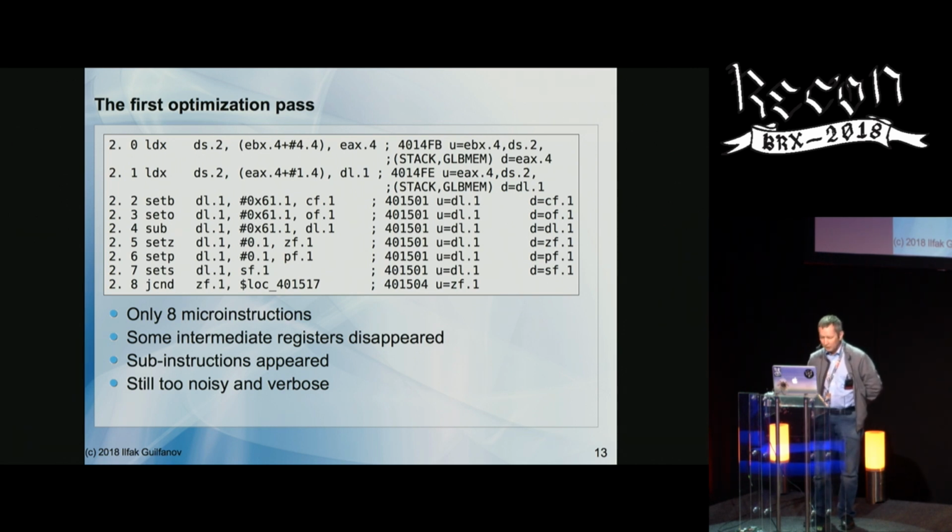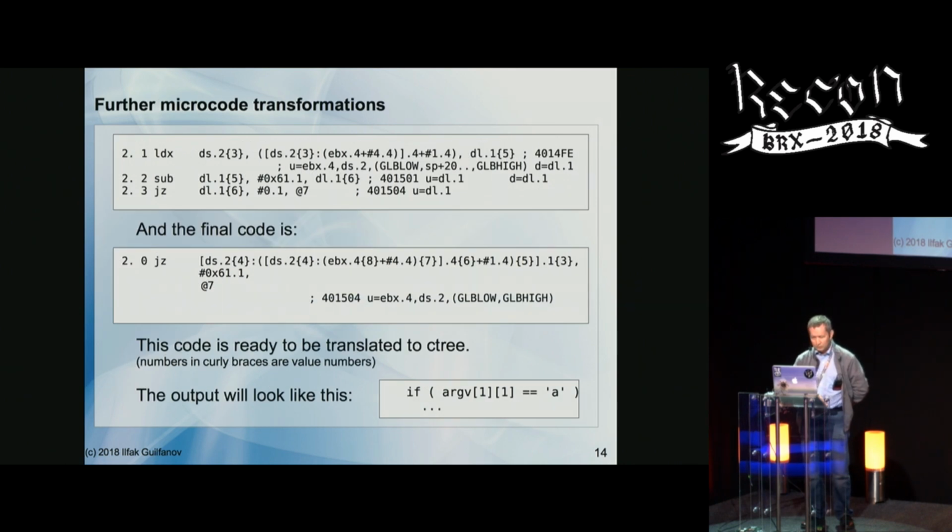This is, by the way, a very nice trick because it leads to nice expressions in the decompiler output. So we continue to optimize this microcode, and there are many, many steps, in fact. I don't show all of them to you. I will just show you some intermediate transformation stages. You see now we ended up with 3 instructions: load from the memory, subtract something, and compare.